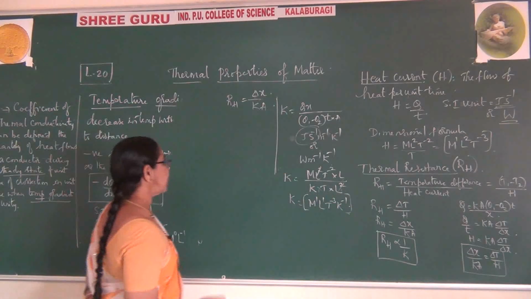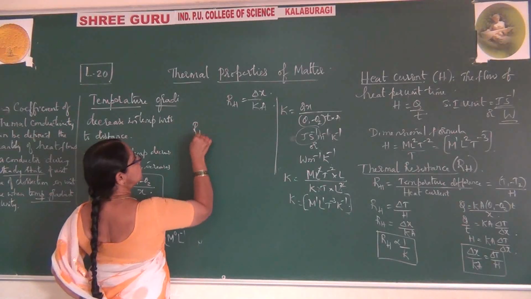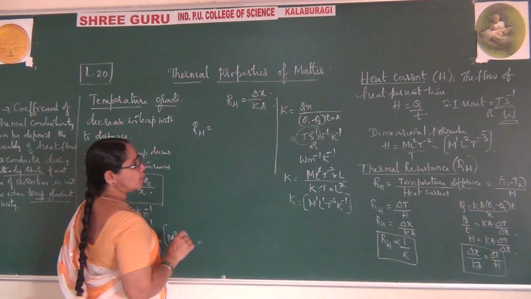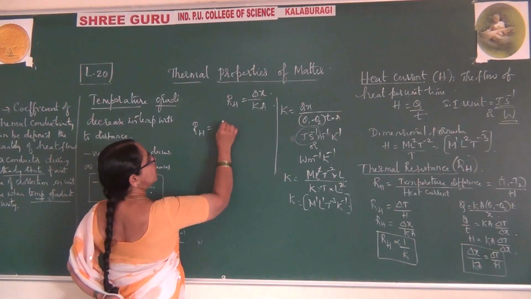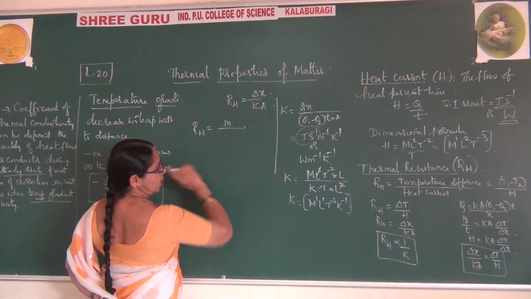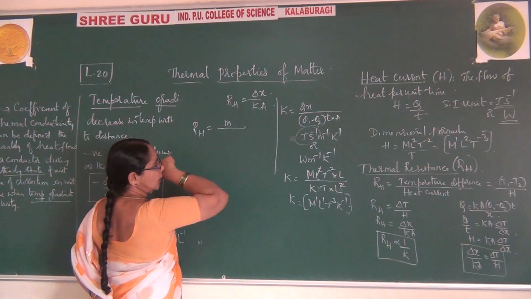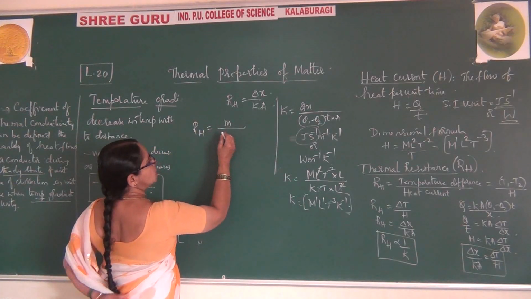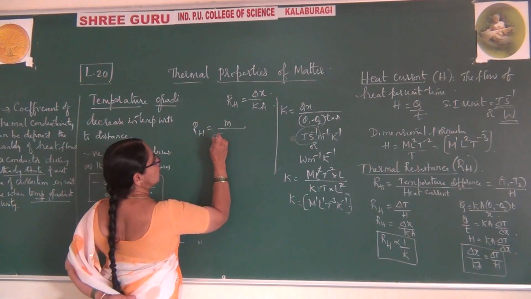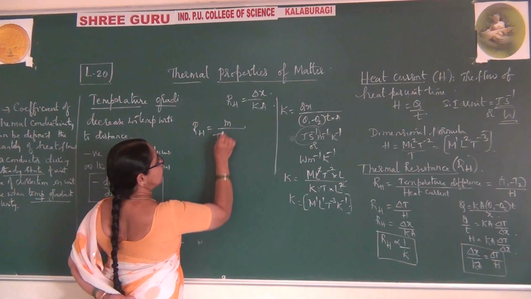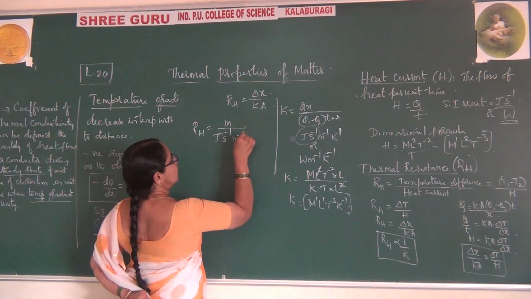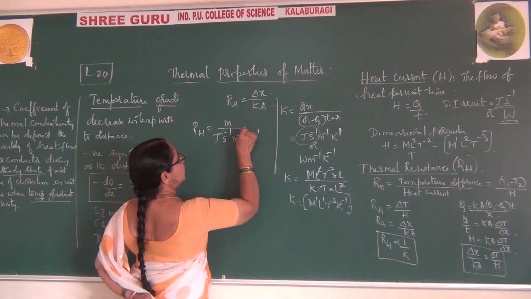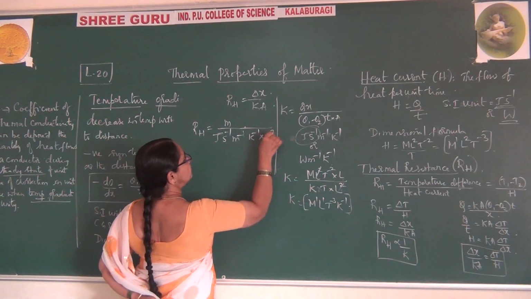So using this, let me first write the SI unit for R_H. How to write X? X is represented by meters. K is, let me write, joules per second per meter per Kelvin, into meter square.